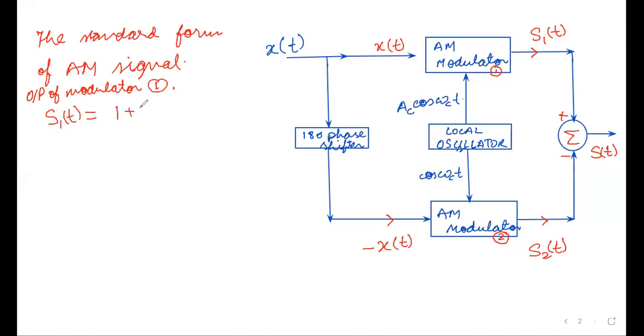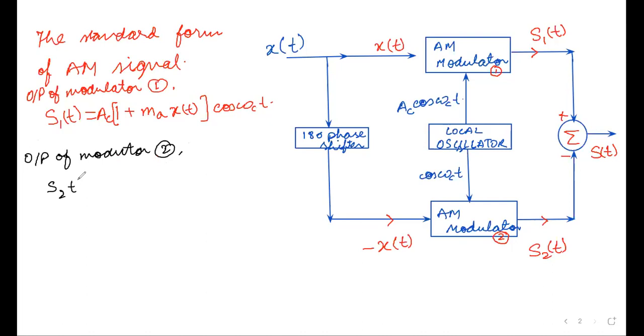So the expression was s1(t) = Ac[1 + ma x(t)] cos omega ct, and the output of modulator 2, that is s2(t), is nothing but Ac[1 - ma x(t)] cos omega ct.